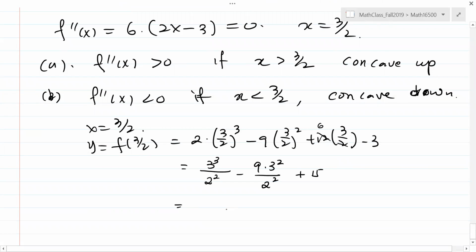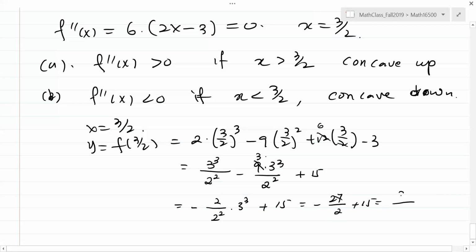Then I have to do the subtraction. Taking 3 squared out, I get negative 27 over 2 plus 15.